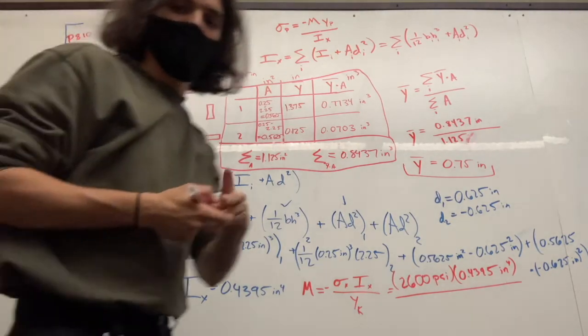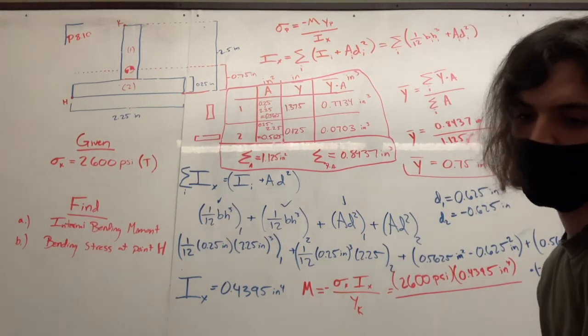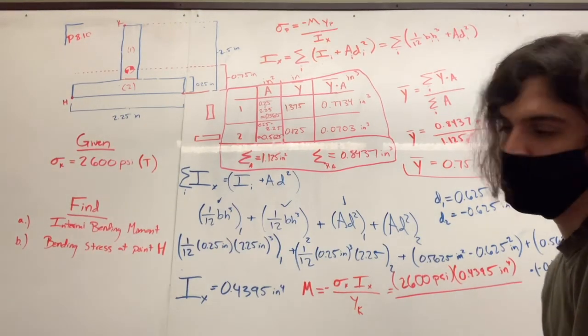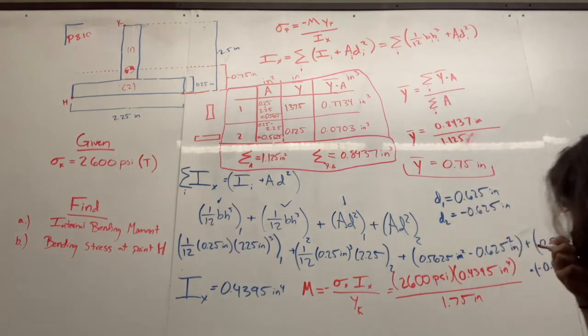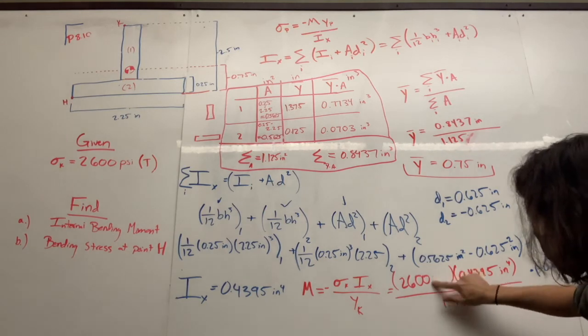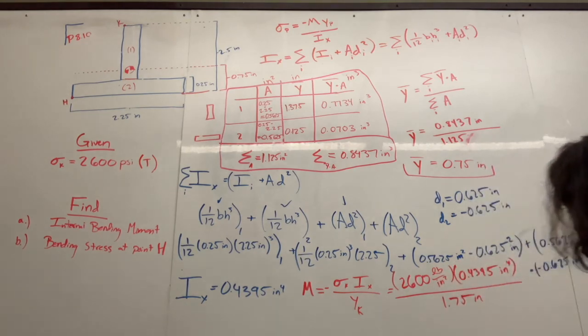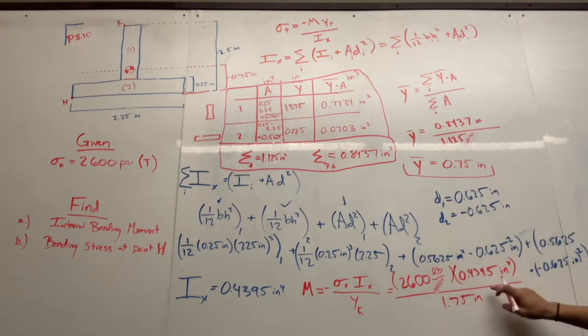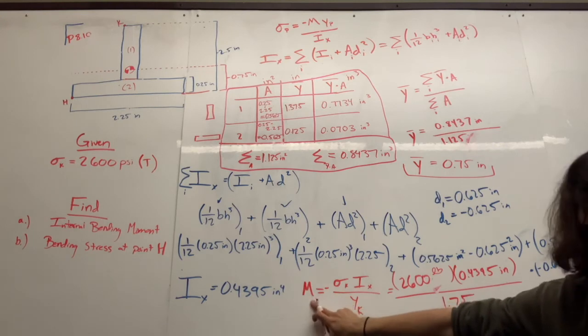So if we do 2.5 minus 0.75, we're given 1.75 inches. So then psi, pounds per inches squared, if we think of it that way, then we see that these cancel out, and then this cancels with one of these, and you're left with pound inches, which is the units of a moment, right?